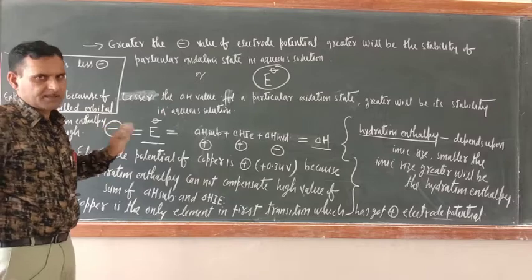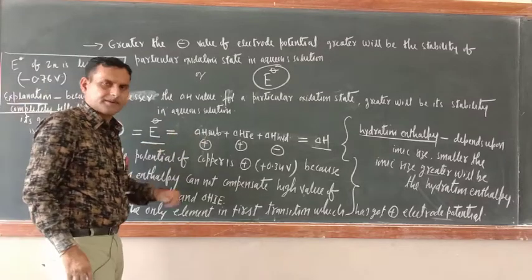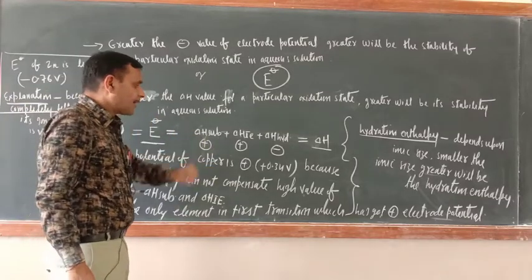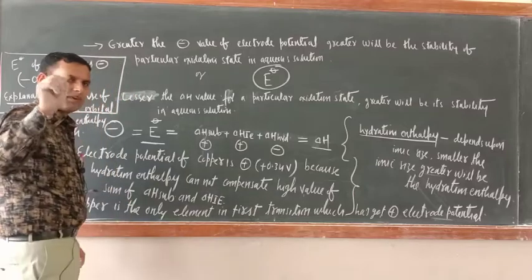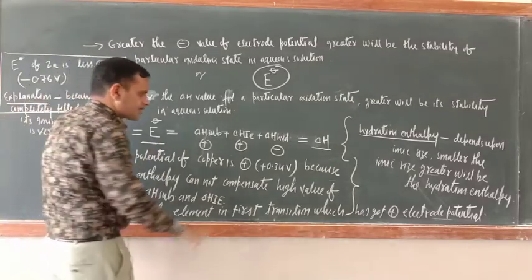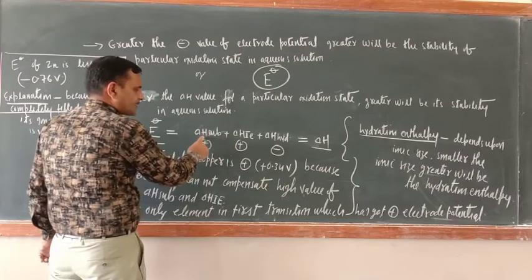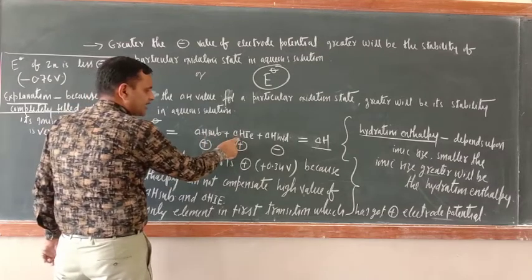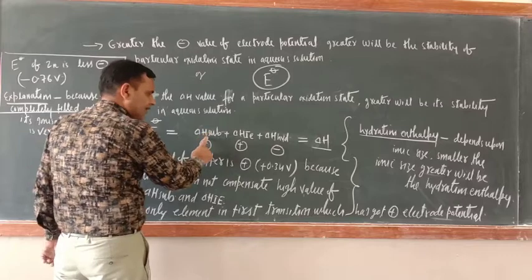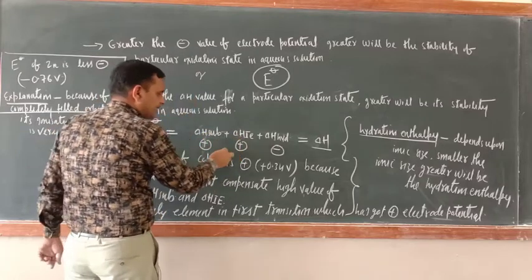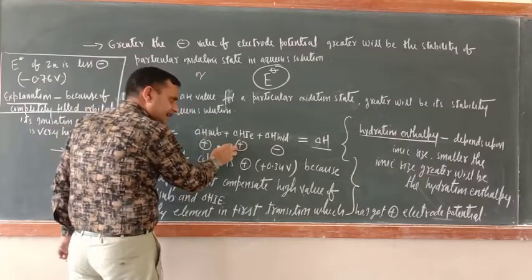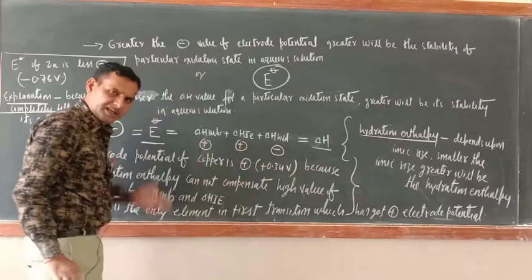What is the reason? A very obvious reason. Why is copper's electrode potential positive? Simple. The sum of sublimation and ionization enthalpy value is greater than hydration enthalpy. That is why.